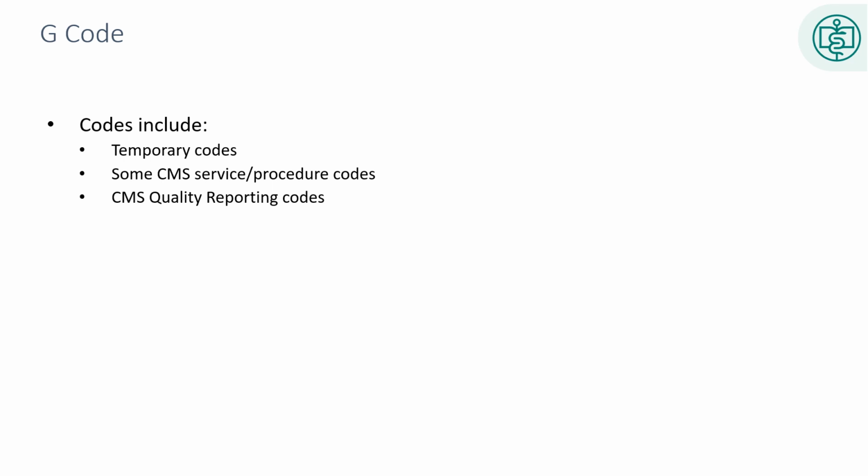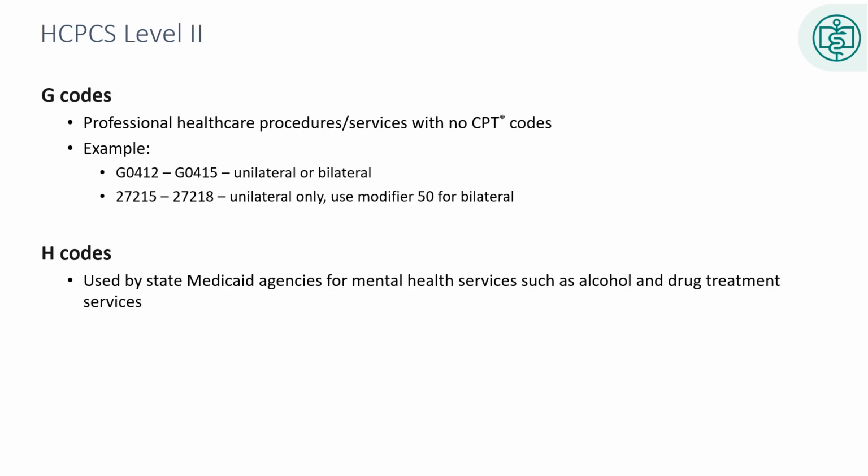The G codes include professional service codes specifically applicable to Medicare patients and additional quality reporting codes. Note that there are some codes that are similar between CPT and HCPCS. Look at codes G0412 through G0415 versus 27215 through 27218.